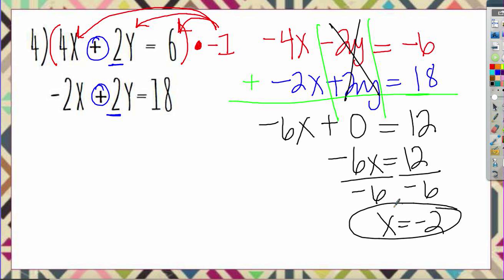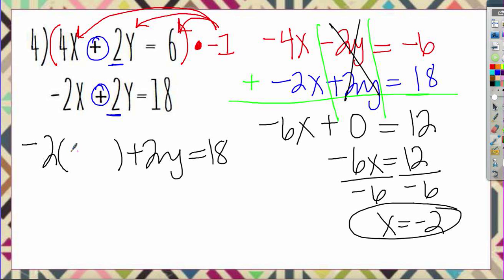Plug that value for x back into either one of the equations. I'll probably use the bottom one just because it looks like mostly smaller numbers. It doesn't really matter. I could use the top one. All that matters is that negative 2 goes where x is. So if I use the bottom one, I've got negative 2 times x plus 2y equals 18. And I know that x is negative 2.